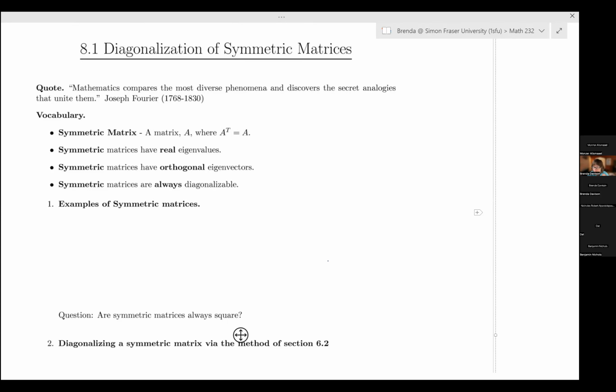Now I see that Benjamin has posted a technical MATLAB question here. Oh, so you're talking about the little x and y, is that correct?